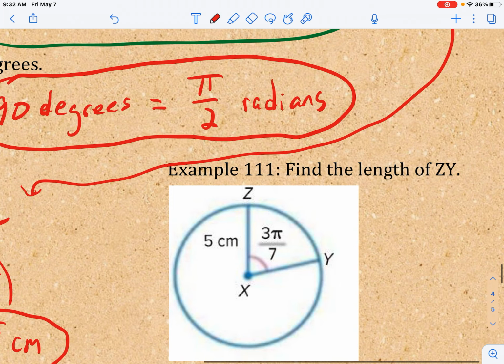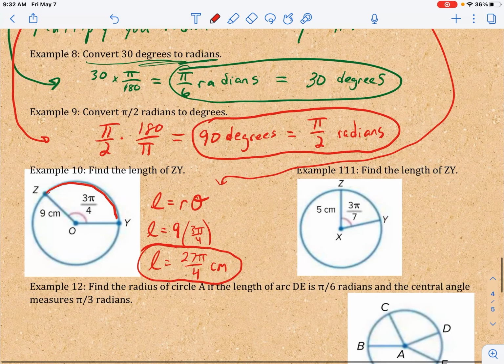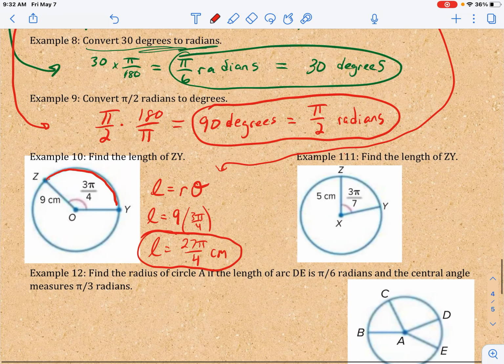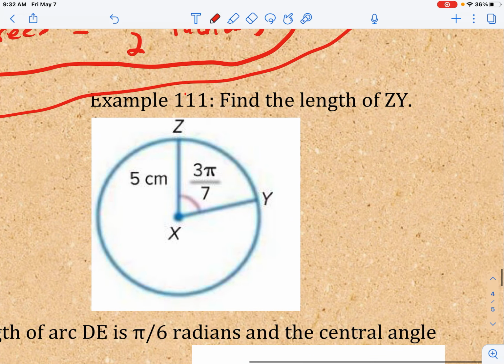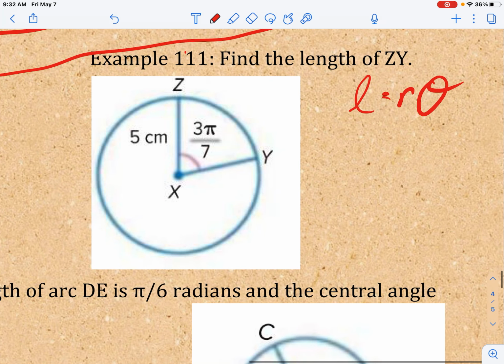Okay. Now the next one, example 111. Okay, why don't you try? Okay, so again, the formula is arc length is equal to the radius times theta. So arc length equals 5 times 3 pi over 7.